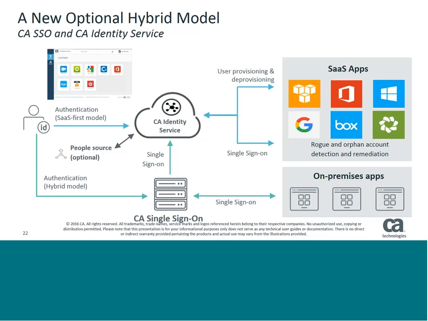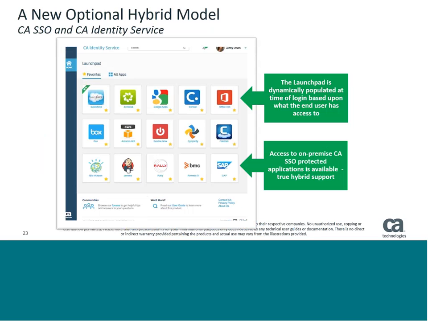It's, again, an optional implementation, and fundamentally what that would look like with CASSO and the identity service is the ability to have applications that the users have access to, whether they are protected and accessed via CASSO or via CA Identity Service, represented within this single unified Launchpad. And the Launchpad can be dynamically configured such that the users see what they have access to.